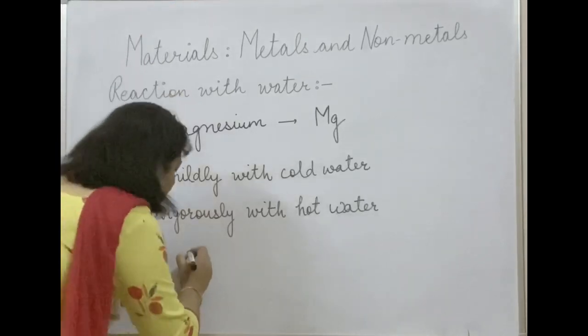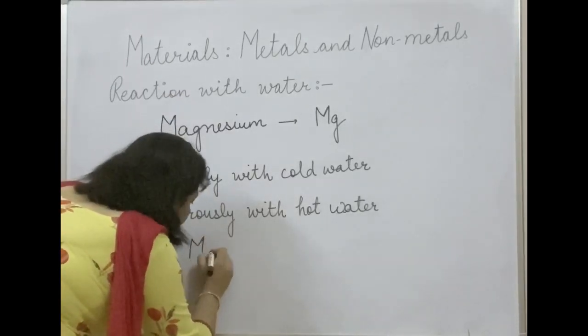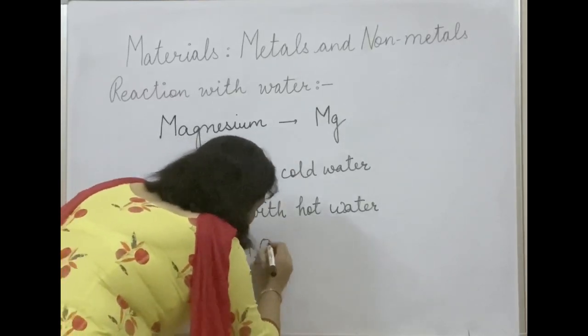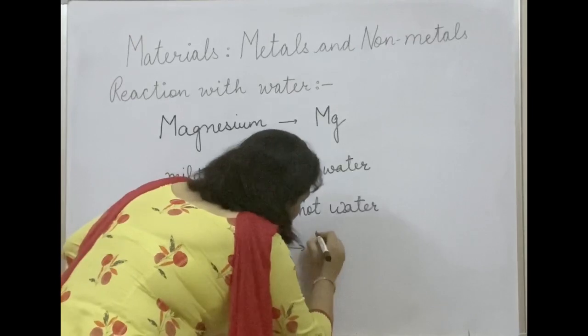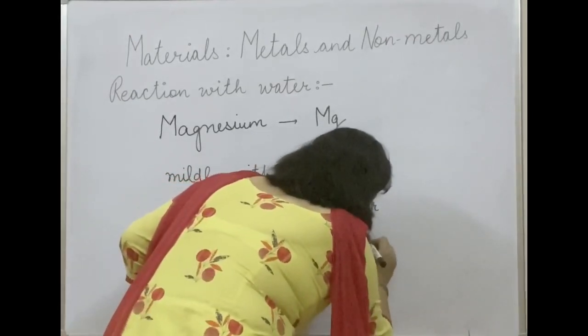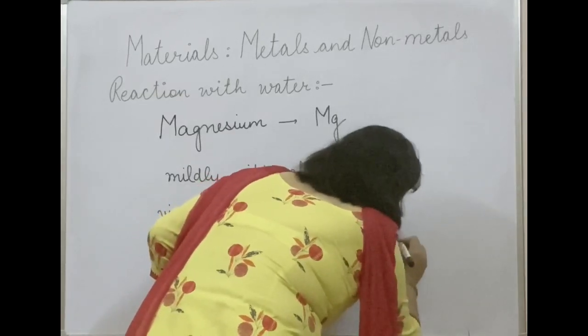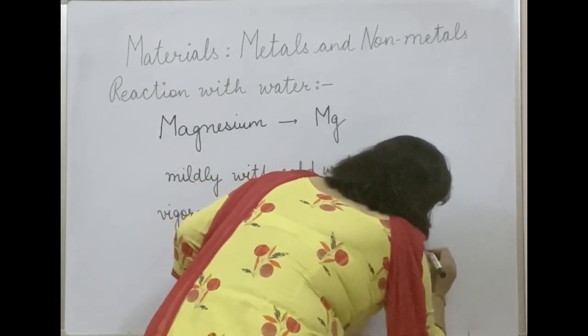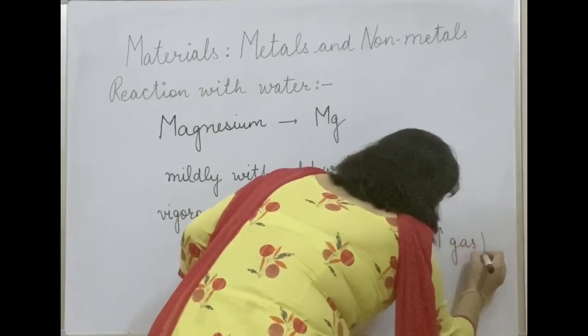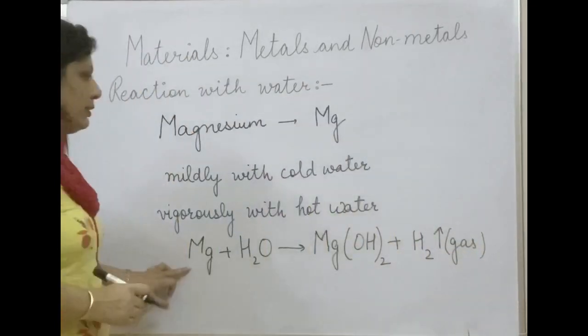And how does the reaction occur? Magnesium reacts with water and leads to the formation of magnesium hydroxide along with the liberation of hydrogen gas. So this is how magnesium metal reacts.